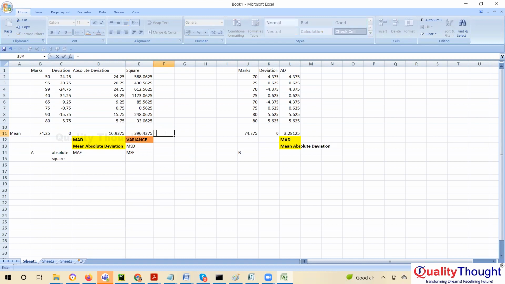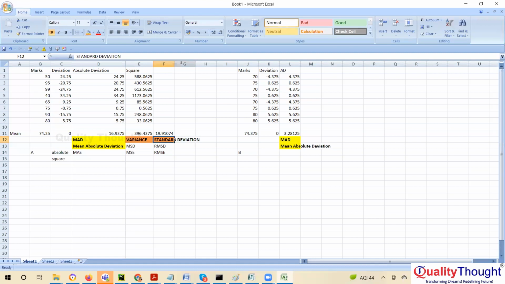This is called root mean squared error or root mean squared deviation, or standard deviation. This is how we end up calculating standard deviation. So standard deviation is nothing but the square root of variance.